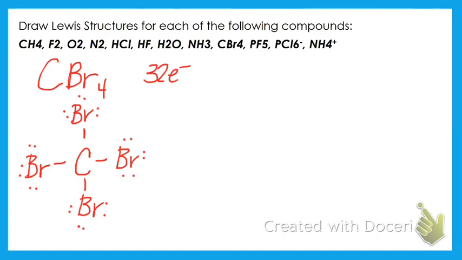Okay? And then let's go with PF5. PF5 should have 40 valence electrons. Right? Because 5 times 7 is 35, and phosphorus is 5. So where is P located?